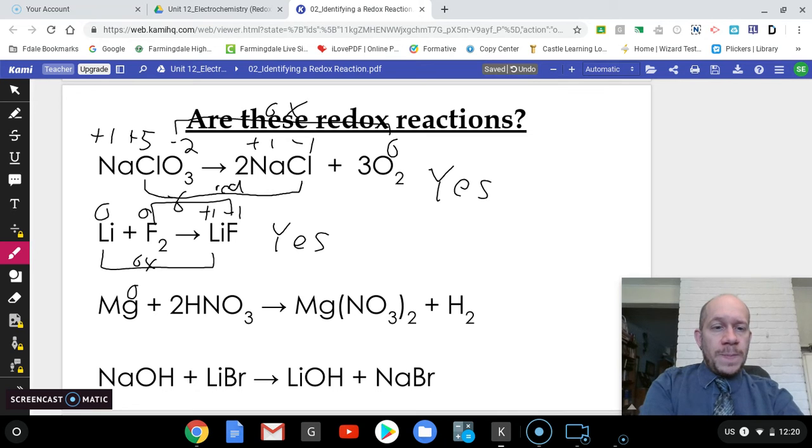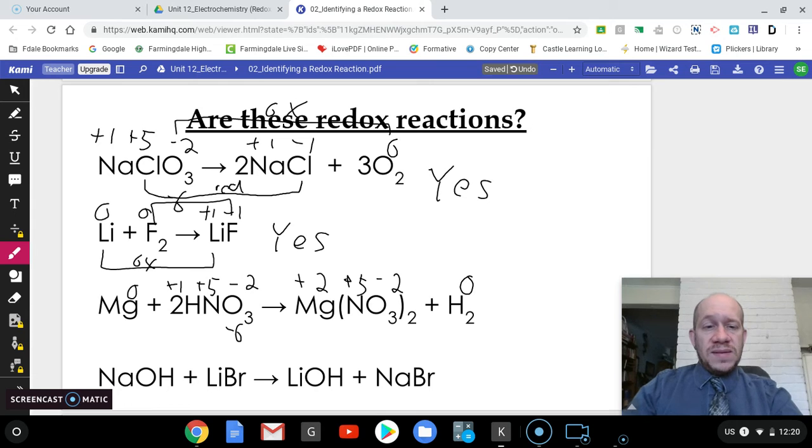Magnesium is 0. Oxygen is -2. Hydrogen is +1. I have a -6 total, so then I have a +5 for nitrogen. Over here, hydrogen is 0. My oxygen is a -2, which makes my nitrogen also a +5, but then my magnesium is a +2 in this formula.